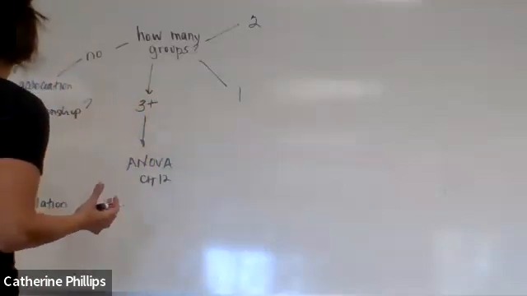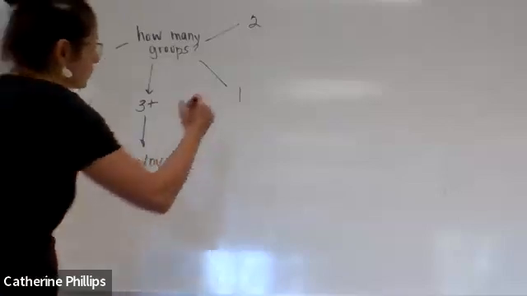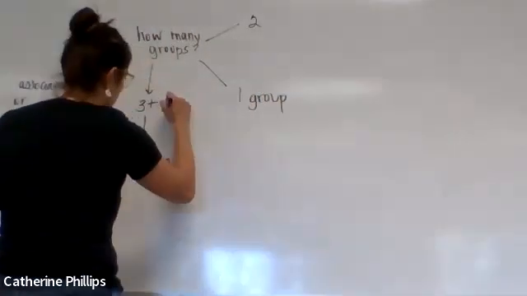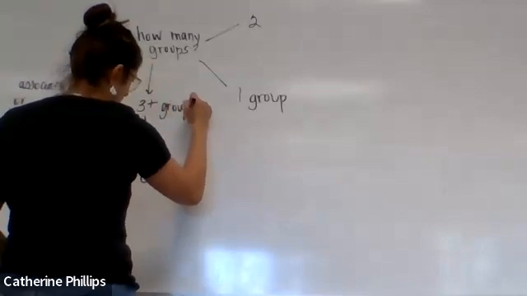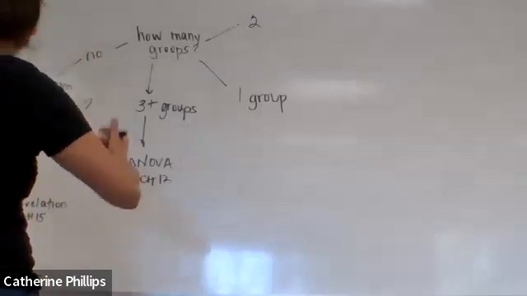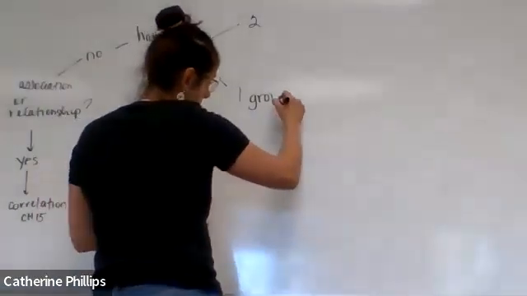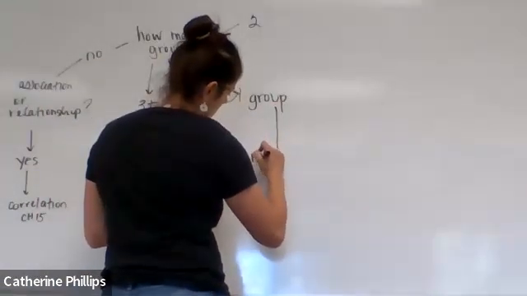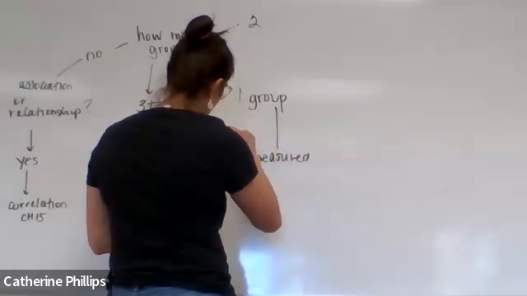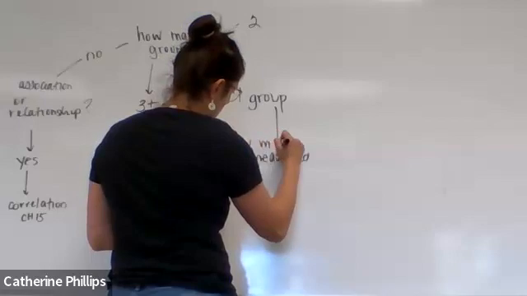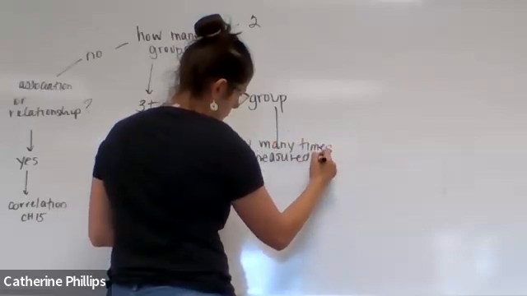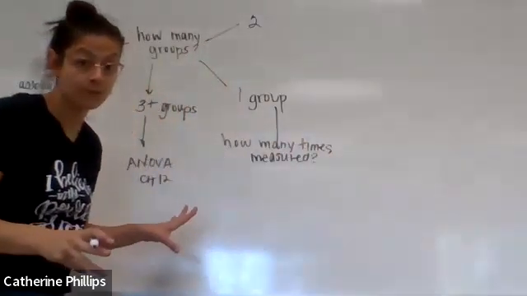Okay. If we have 1 group, so 1 group of participants, then we need to ask, how many times are they measured? How many times measured? Okay.